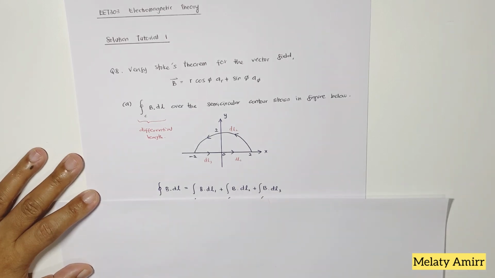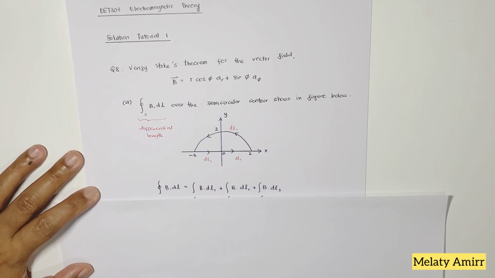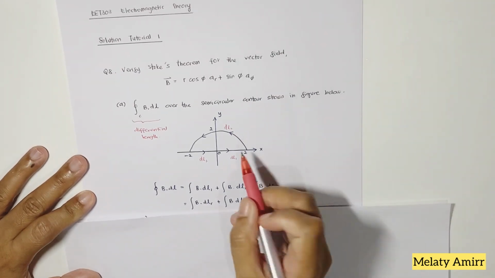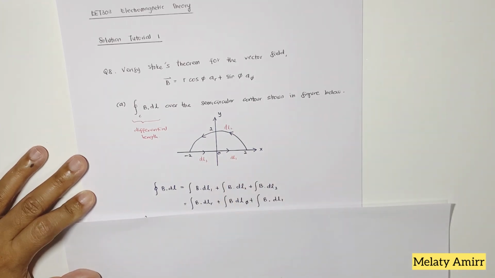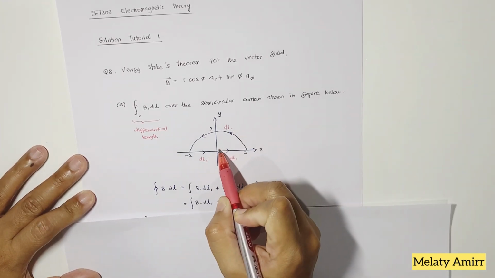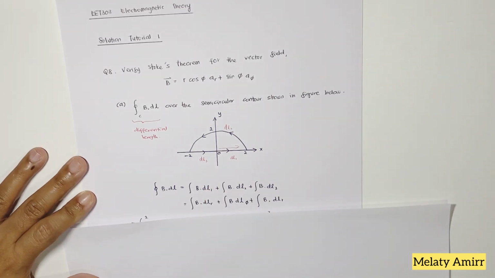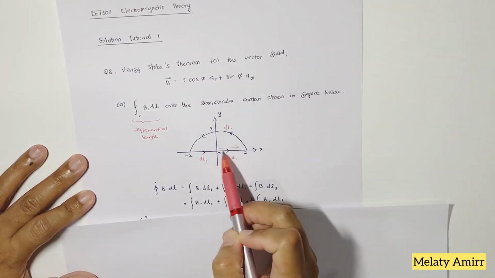Before that, we need to determine what dl1, dl2, dl3 are. So dl1 refers to dl_r because this one is the radius. It follows the radius direction, the length of the line.